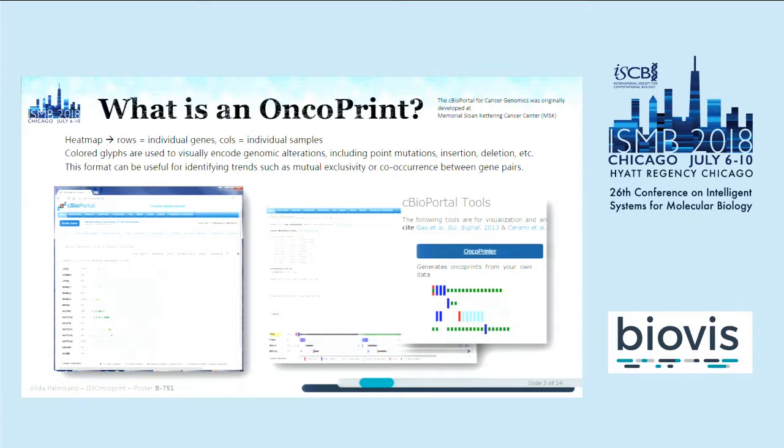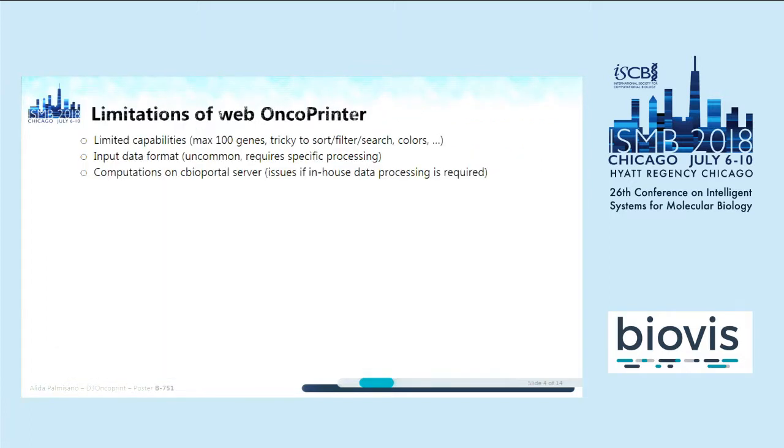The problem that our collaborators had with this tool is, okay, we want to do this with our data. So how do they do that? The cBioPortal offers a web Oncoprinter, so basically you just upload your data there. But the web option has limited capability because it depends on the status of the implementation of the web interface.